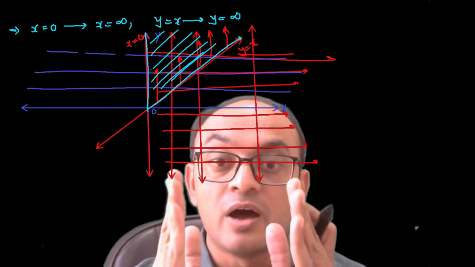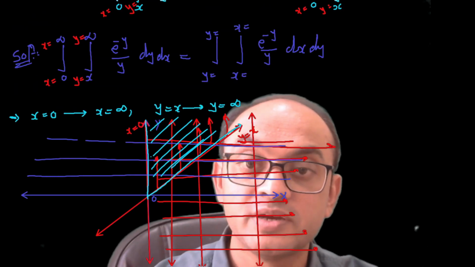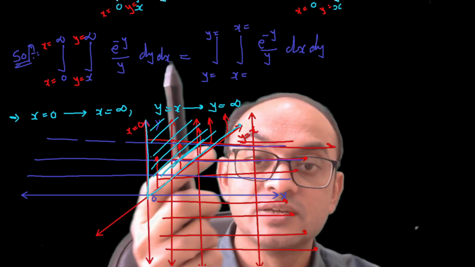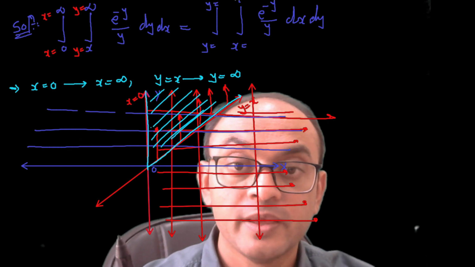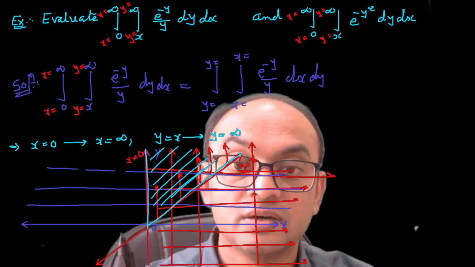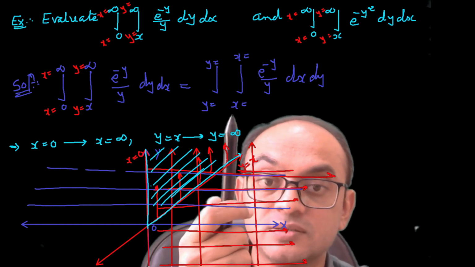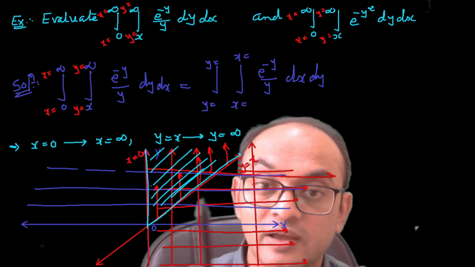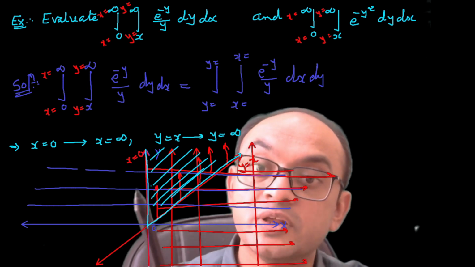Right. So now in this region I have to write the limits. For which I have to write the limits? Here it is given dy dx. I have to write for dx dy. So how do you write the limits for dx dy? Inner limit of x. How do we write x? In this way. Right. So I have to draw the horizontal lines.